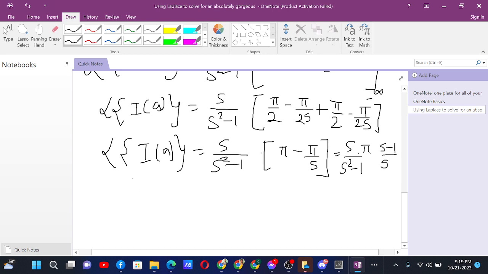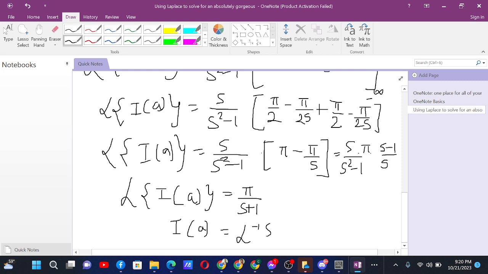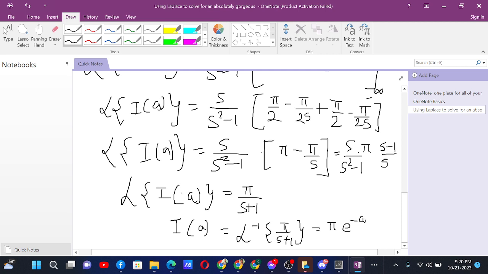Now we can have some pretty good cancellations, and we get the Laplace transform of I of a to be equal to pi by s plus 1. Now we'll take the inverse Laplace transform, and with the inverse Laplace transform, the 1 over s plus 1 will be e to the power minus a. Since a is our variable we are dealing with, if it was t, then it would have been e to the power minus 1t, and this 1 is from over here.